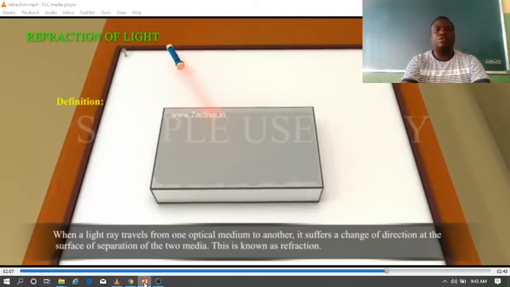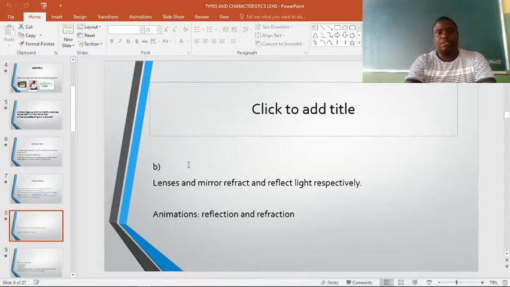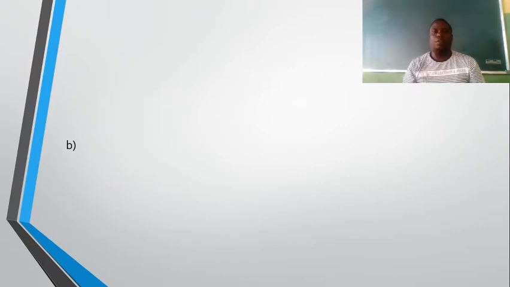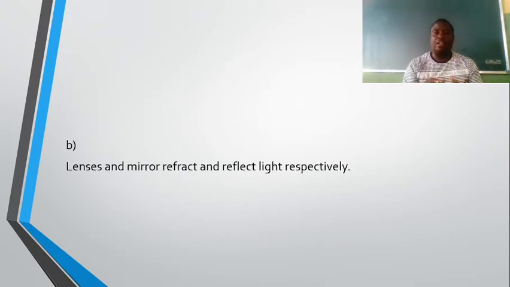Those processes happen when light strikes the surface of lenses and mirrors. What happens when light strikes the surface of a mirror is called reflection. I think you are familiar with those terms. Okay, so now I can continue.